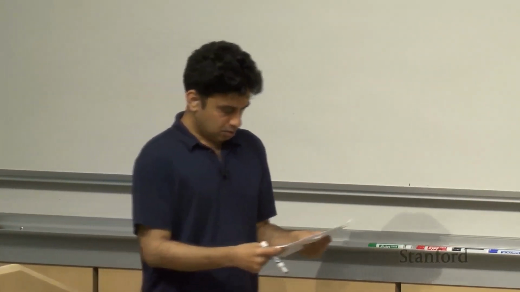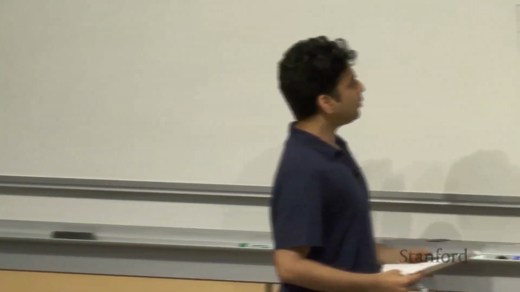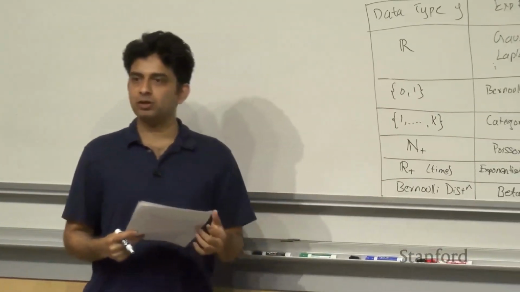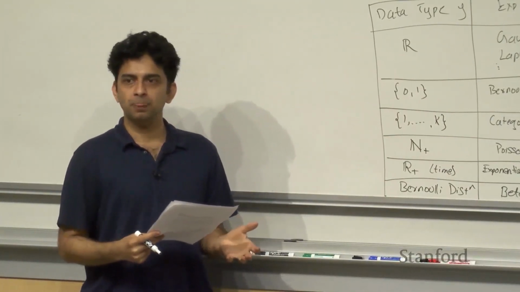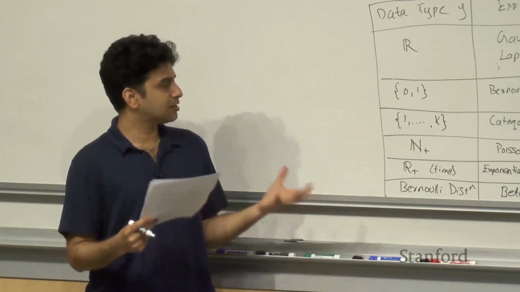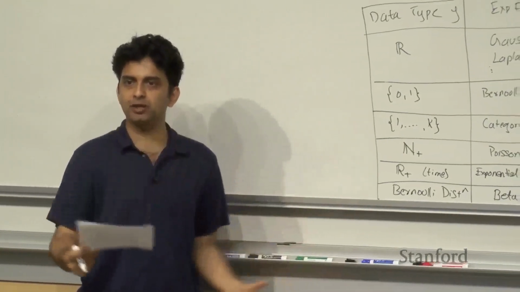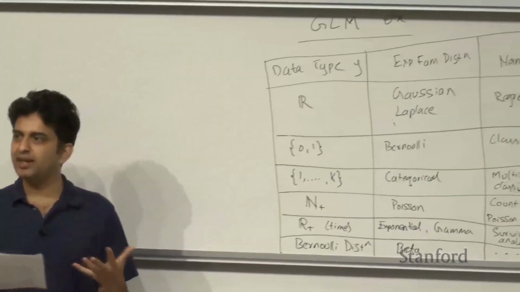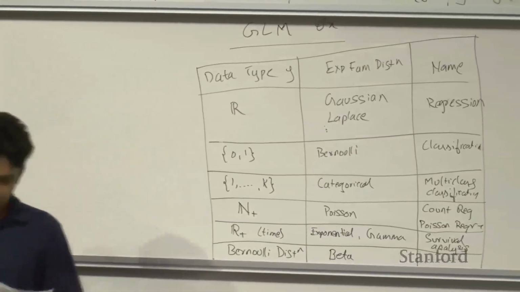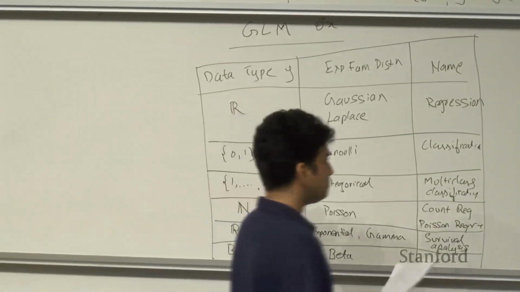Now, what did we gain by putting them all in a common framework? Right? We saw that yes, it's kind of mathematically elegant to put them all into a common framework, but have we gained anything as such? The answer is yes, we have actually gained.